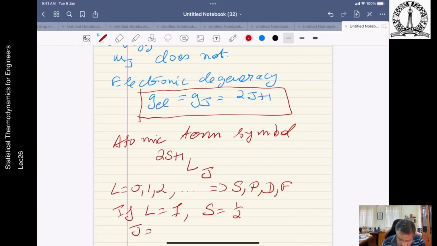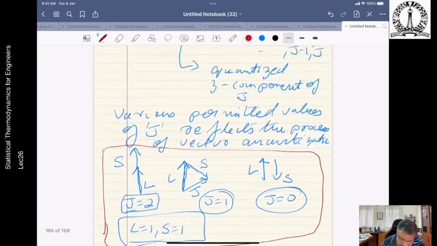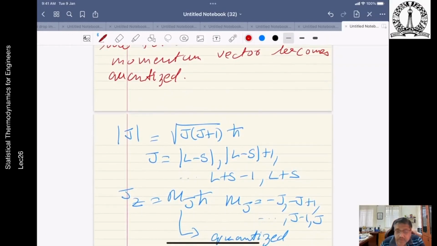J will be half and 3/2. We already have designated what J is going to be here.